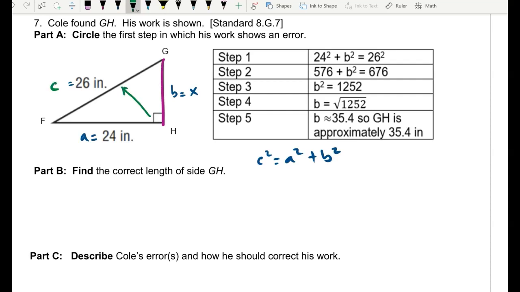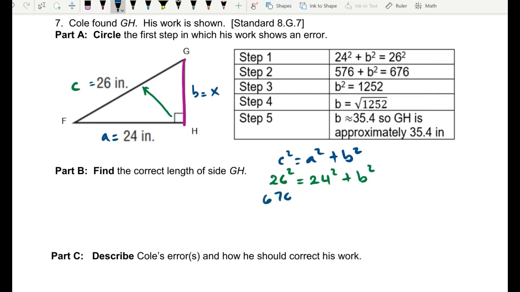So 26 squared equals 24 squared plus b squared. 26 squared is 676, equals 24 squared, which is 576, plus b squared.